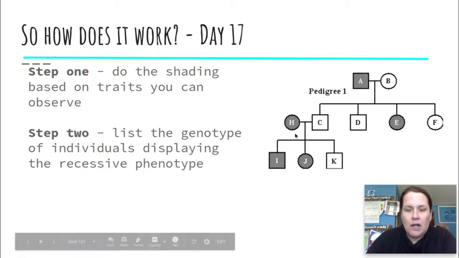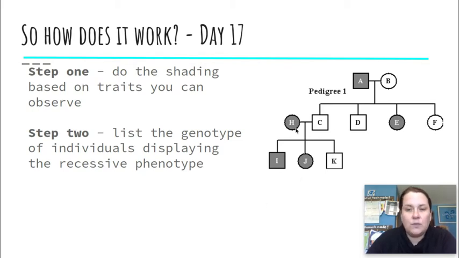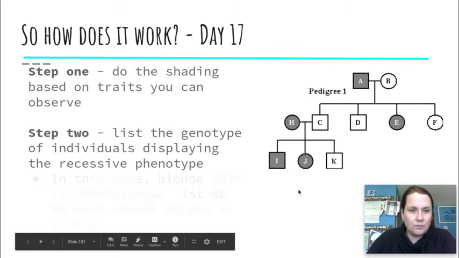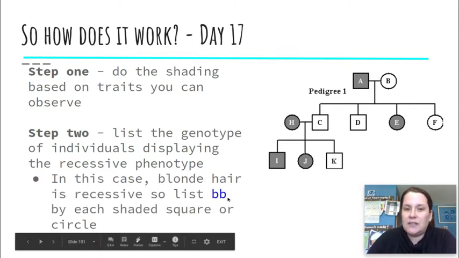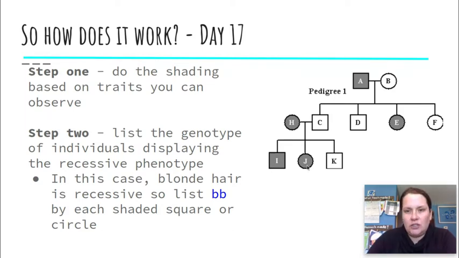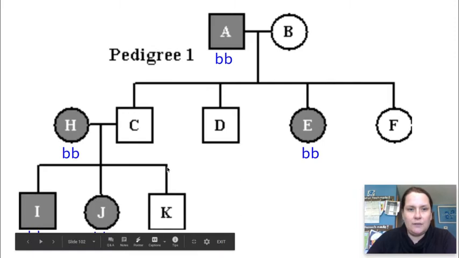If we use B's for this one, big B's or little b's or whatever combination their genotype is, you would write that under them. In this case, blonde hair is recessive, so it's little b. By each shaded circle or square, you put little b. So A, H, E, I, and J would all have little b genotypes.